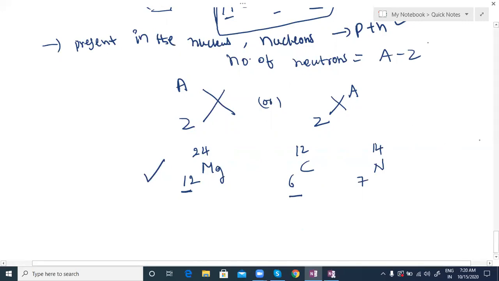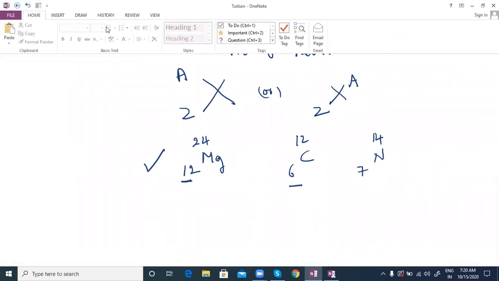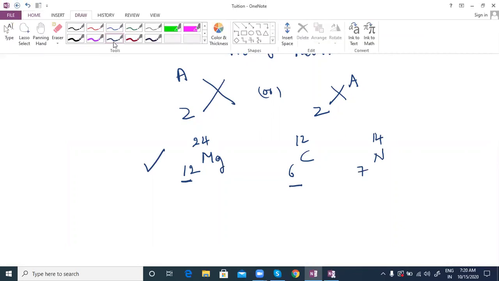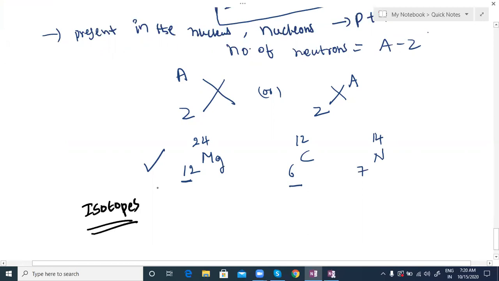Next, some other terminology which you are going to write. Isotopes.